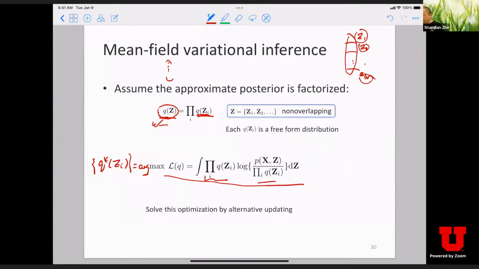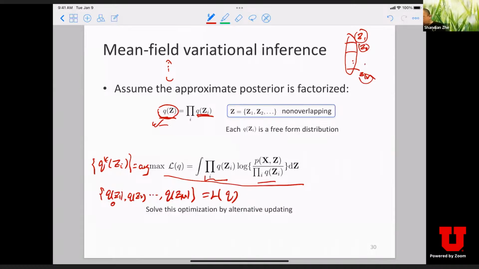Basically, the idea is that I need to update a set of posteriors, Q of Z1, Q of Z2, up to Q of Zm, for example. Every time I'm going to update only one factor and fix all the others.